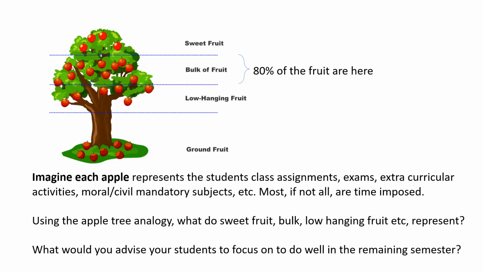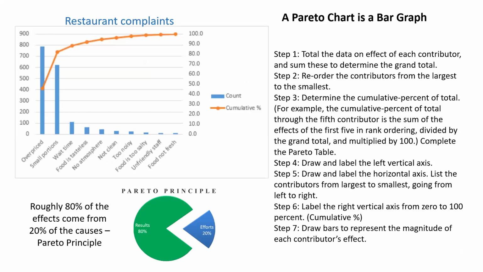What I'm trying to say is get them to prioritize, to refer to what we call the Pareto, or the 80-20 rule. For example, when we have an issue at a restaurant and a lot of complaints, this restaurant compiled all the complaints into different categories: price, portions, wait time.